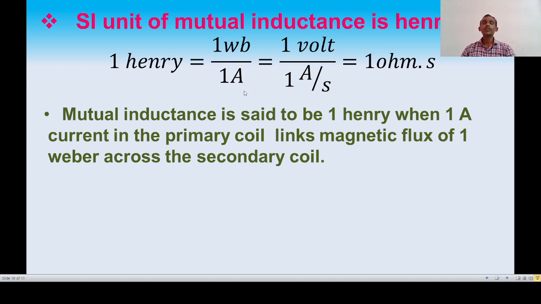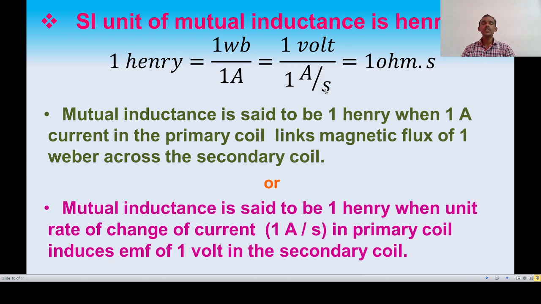And from the relation 1 volt divided by 1 ampere per second, mutual inductance is said to be 1 Henry when a unit rate of change of current, that is 1 ampere per second, in the primary coil induces an EMF of 1 volt in the secondary coil.